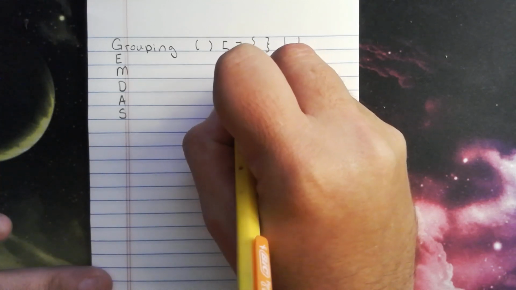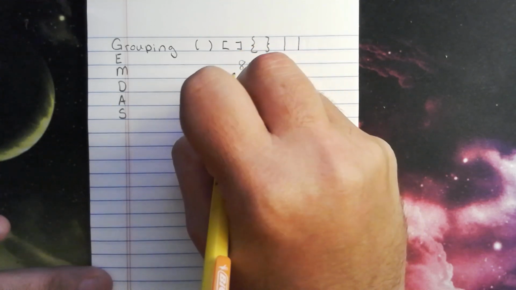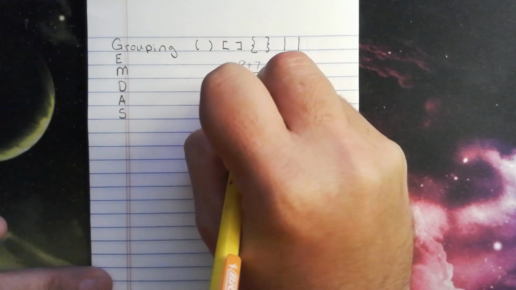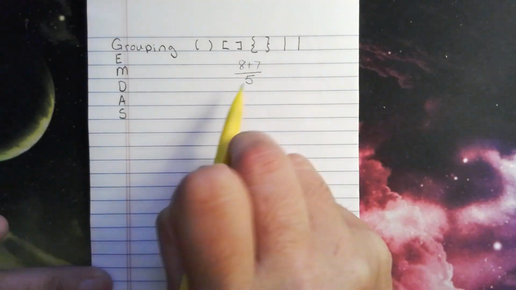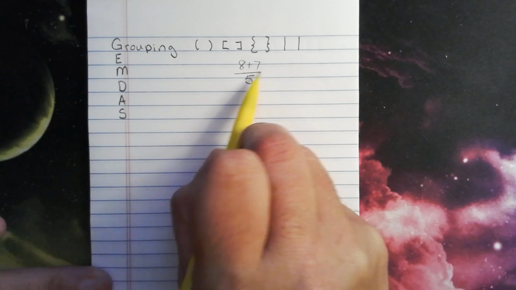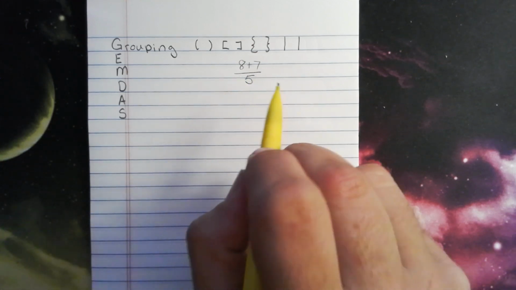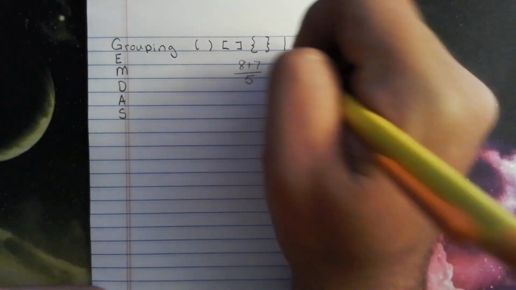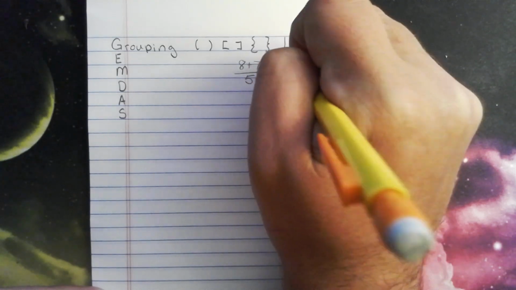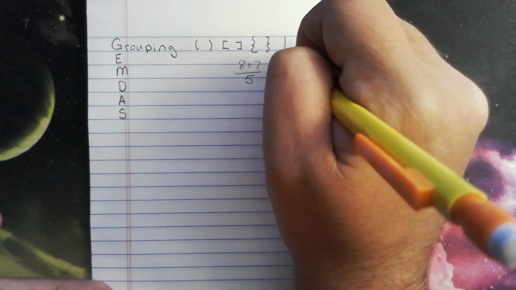If you have 8 plus 7 divided by 5, and now that we're getting into these bigger operations, what we would have called a fraction line, or it would have been 8 plus 7 over 5, is really going to be called divided by now, because fractions are just unfinished division problems.